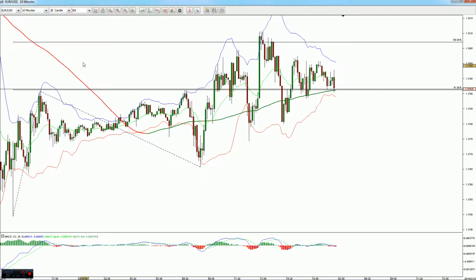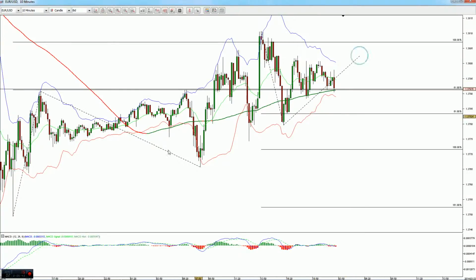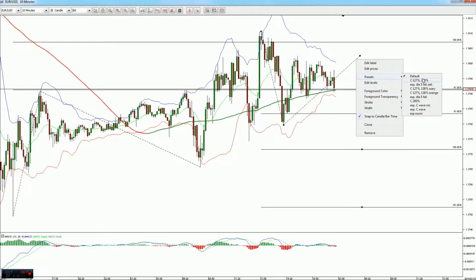The reason for that is that it's the weekend, so it's not working. A, B, and a C. So that was a smaller A, smaller B, a smaller C for a B wave, and then there will be another move to the downside in order to complete an ABC corrective structure for a C wave, more or less.